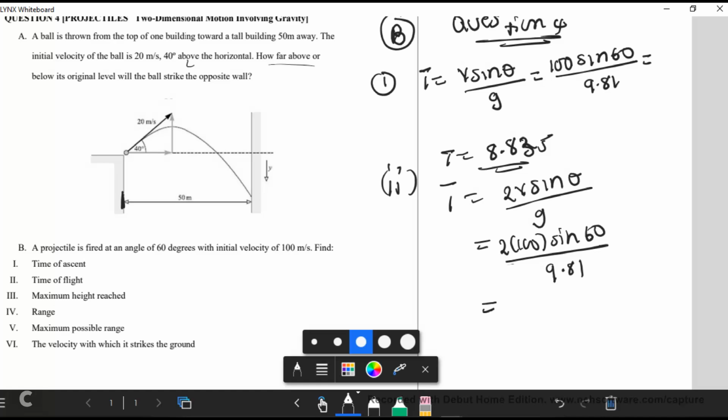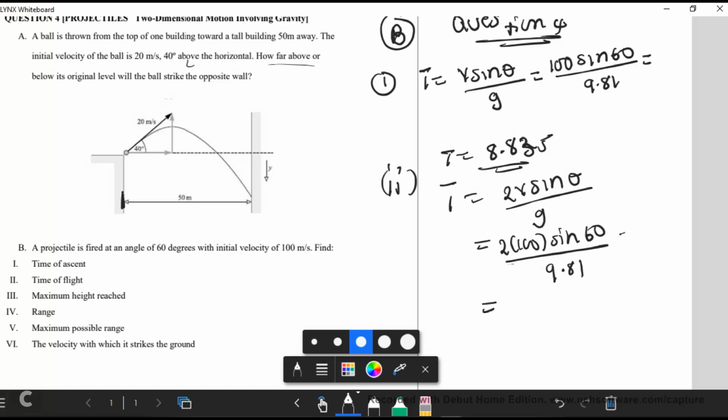So here it will be 200, right? It will be 200, then sine 60, divide by 9.81.